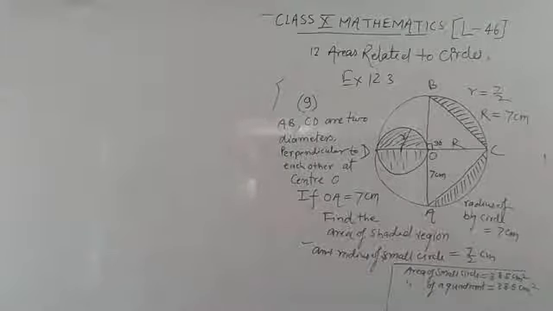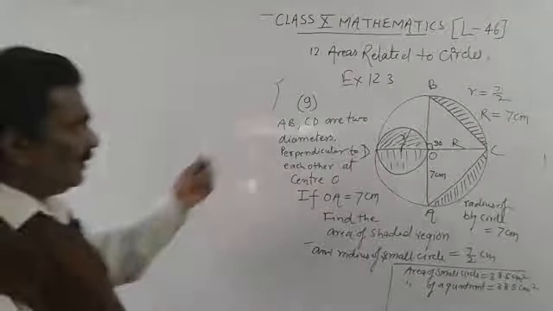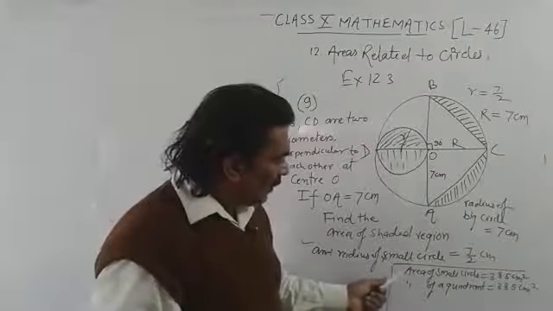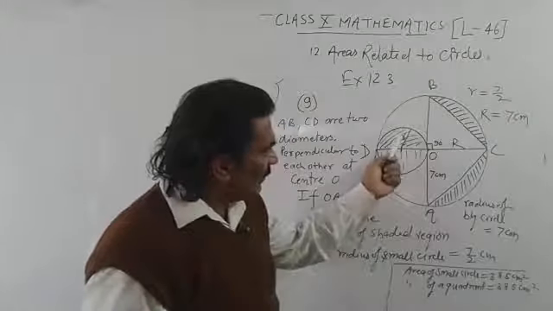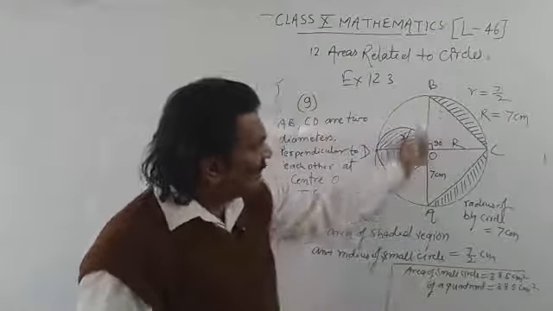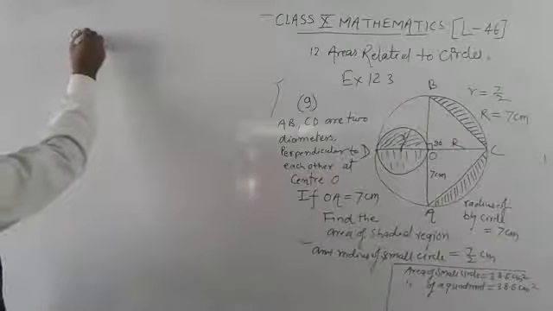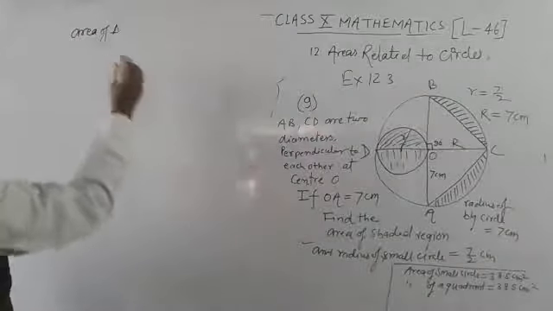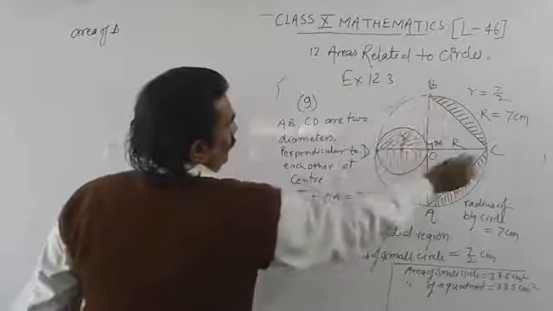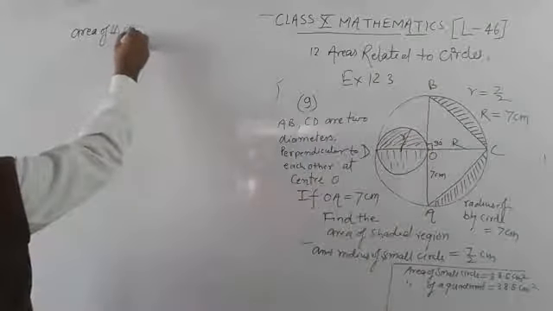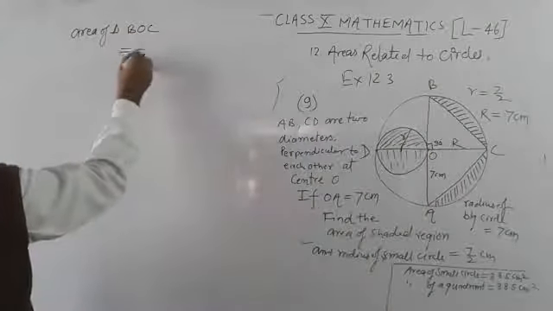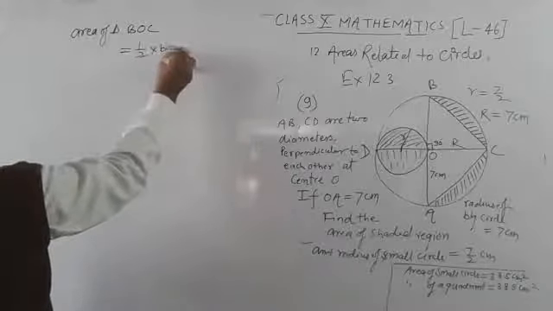So students, now before solving we have the area of this small circle and the area of this quadrant. Now we need the area of the triangle. To find the area of triangle BOC is equal to 1/2 into base into height.